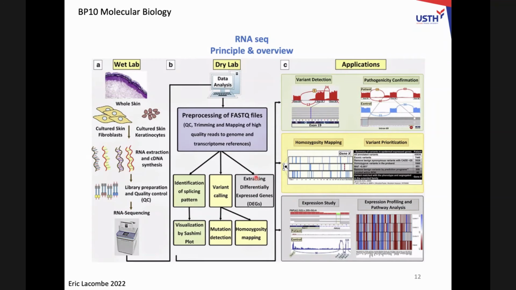With this method, because we compare two different situations, at the end we will have two sets of genes with the number of occurrences of sequencing. Counting the number of occurrences in sequencing will give us the information about differentially expressed genes. Using that, we can also identify new splicing patterns and alternative splicing.